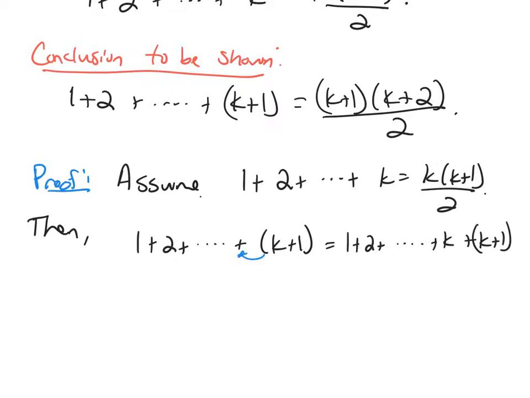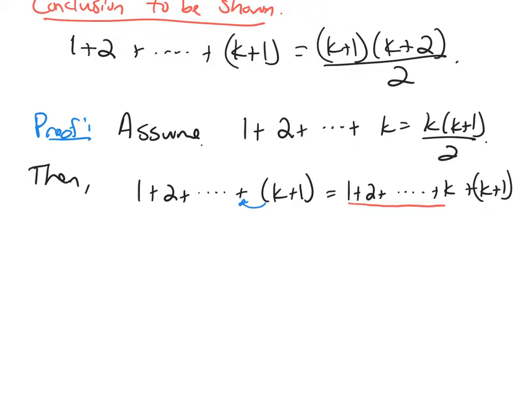And then for this part right here, I can use my formula that I've already assumed is true. I can plug that in. This is k(k+1) over 2 plus (k+1).